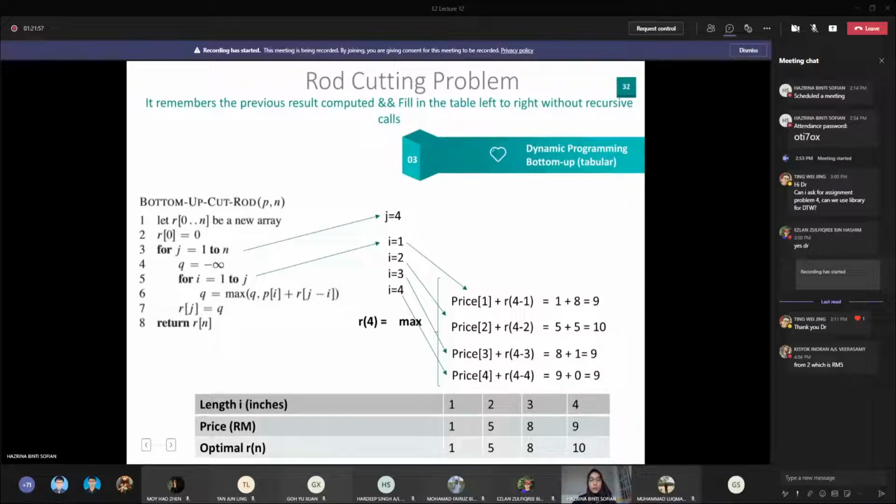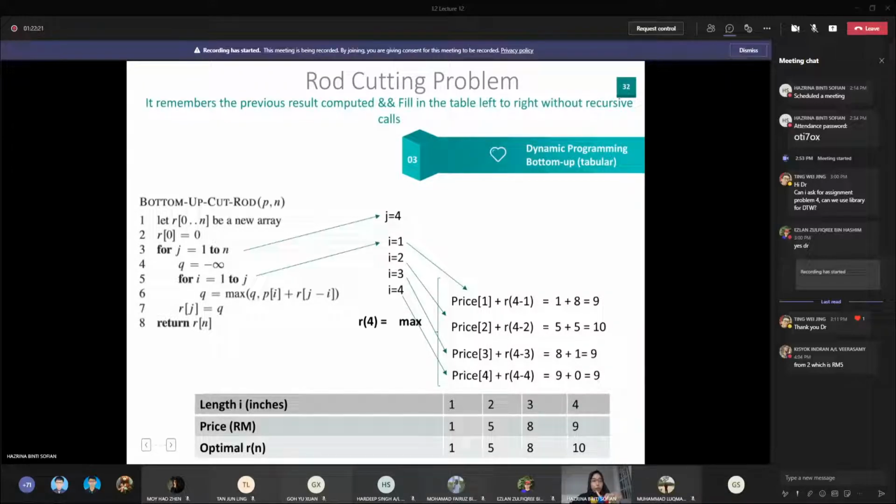Right now, based on this table, we can say that if we have a rod of 3, the maximum revenue that we can get is 8. If we have 2, the maximum revenue is 5.